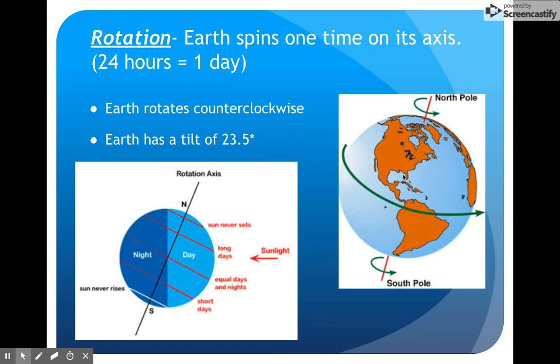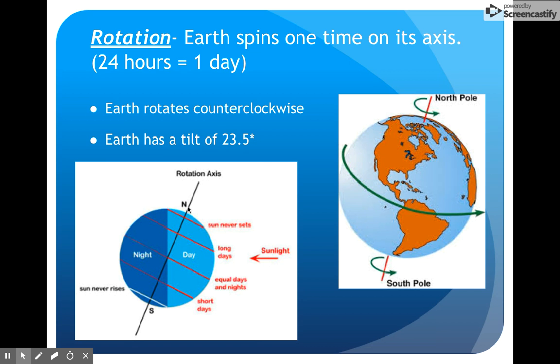Now, the Earth rotates on its axis. We've talked about that. And as it rotates on its axis, which takes 24 hours or one day, the Earth is on a tilt, this 23.5 degree tilt. So at any point, half of the world is experiencing day and the other half is experiencing night. But because of this angle, the amount of daylight and night is different.